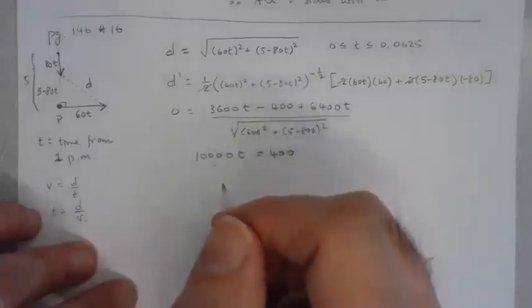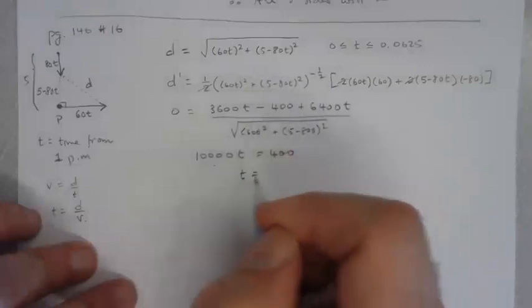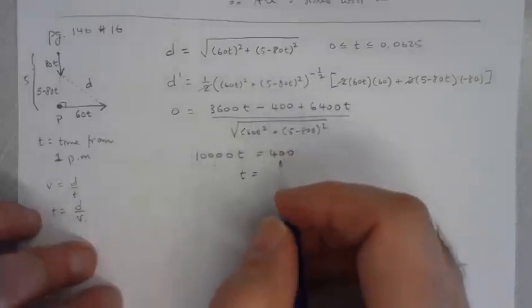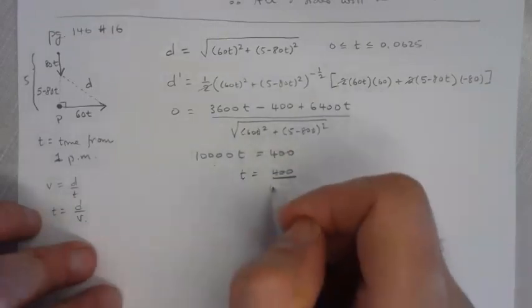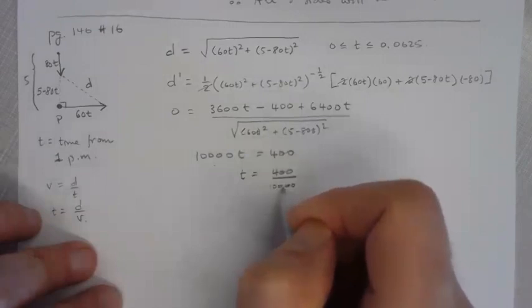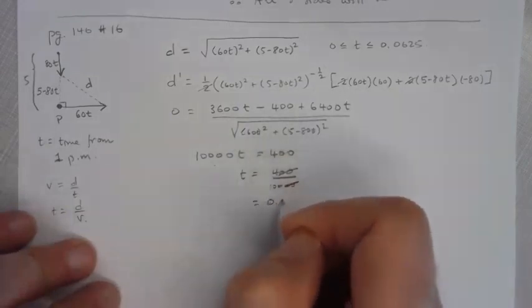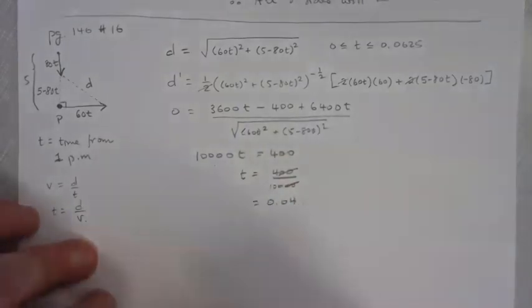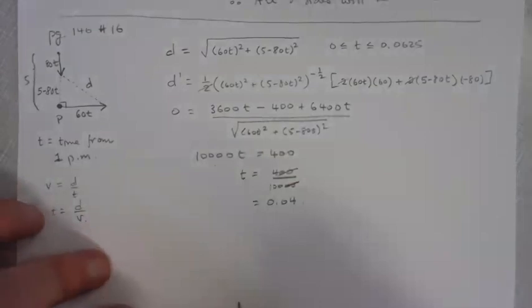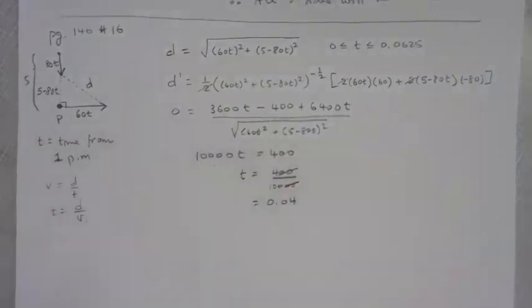And it looks like t is going to be equal to 400 over 10,000. Did I get that right? Yeah. So get rid of those two zeros. 4 over 100 is 0.04.